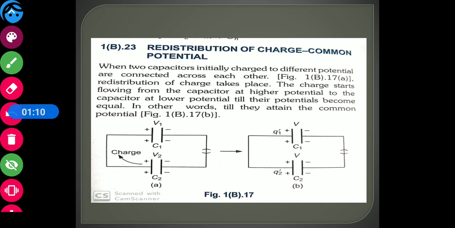In other words, till they attain the common potential.